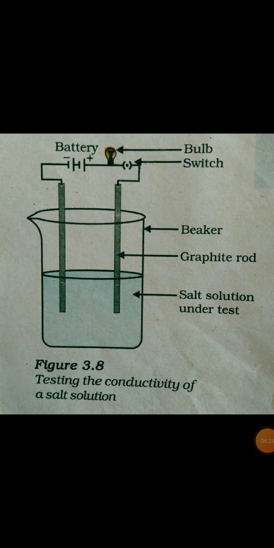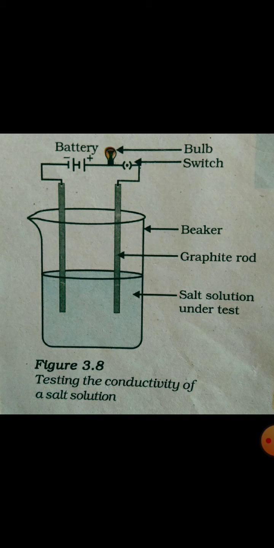The next property is conduction of electricity. For this, we need to make a circuit as shown in figure 3.8. We have to insert the electrodes into a solution of one salt. From the samples which we have taken, we can make a solution of any one and insert electrodes into it. Then we need to observe. We will observe that the conduction of electricity through a solution involves the movement of charged particles.